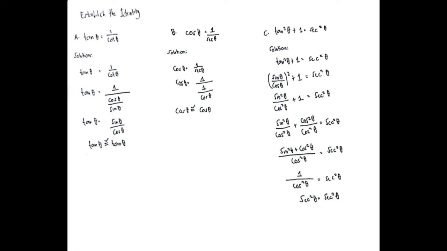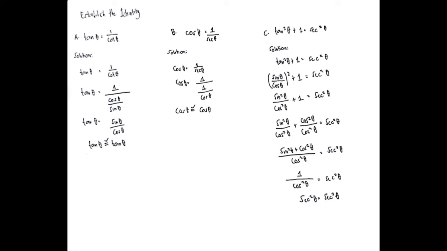In order to simplify it, we will use 1. As you see, we use cosine squared theta over cosine squared theta. We all know that if we divide it, it also equals 1.